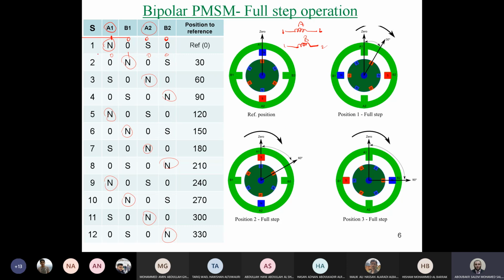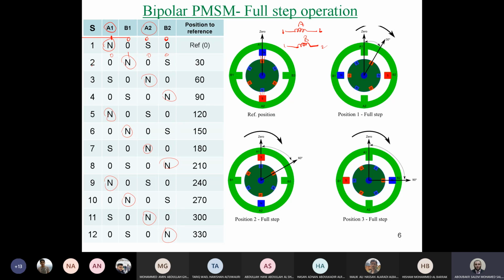So first sequence, we have A1 N, so this is N now, and A2 S, so this is S, and the other coil terminals are not energized because the other coil B is active low here, which means it's not connected to supply. So we expect interaction between the rotor N and S, stator N and rotor S, and on the opposite side it will also be the same between N and S. So the rotor here is coupled from two parts or two sides.